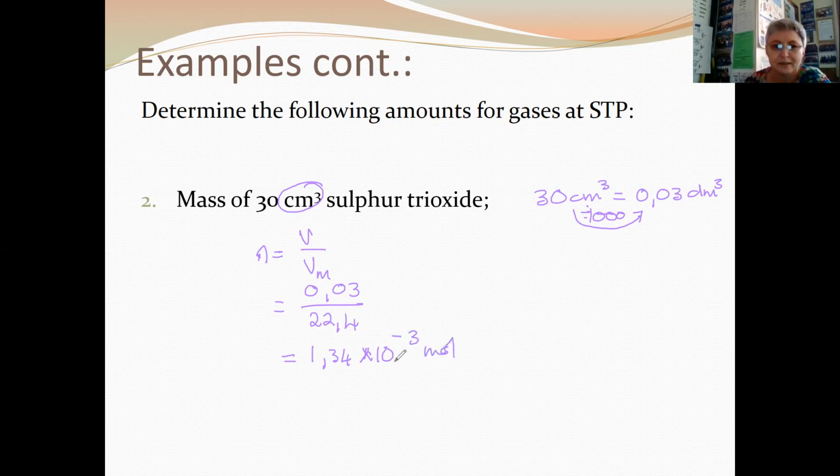And they want the mass. If we've got the moles, mass is easy to calculate. It's the moles times the molar mass. Now, for the molar mass, we need to write down the formula of the sulfur trioxide and then calculate its molar mass. It's 1.34 times 10 to the minus 3, and the molar mass, sulfur has a mass of 32 plus 3 times 16 for the oxygens.